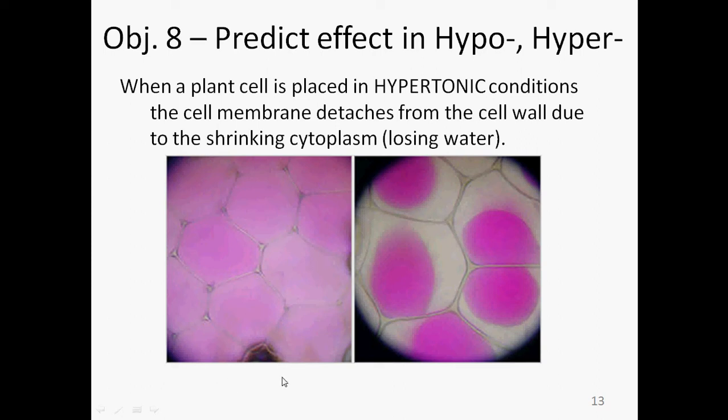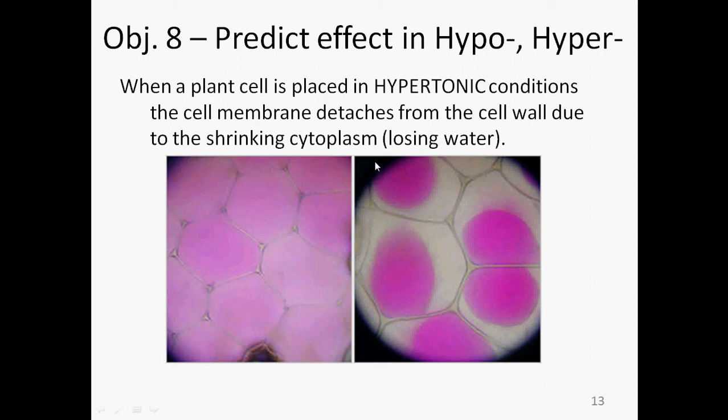But the big deal here is if you place those plant cells in hypertonic, say salt water, there's going to be less water outside, more water inside. So once you place those in hypertonic condition, the water is going to leave the cell because there's less concentration of water outside. Again, always trying to find that balance, isotonic conditions.